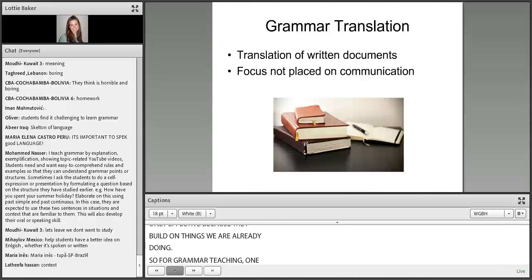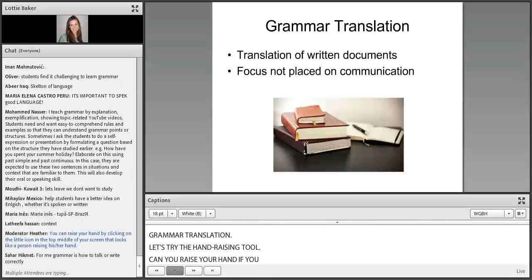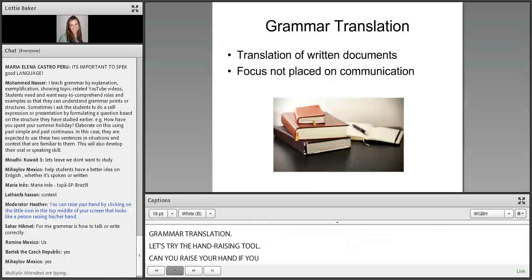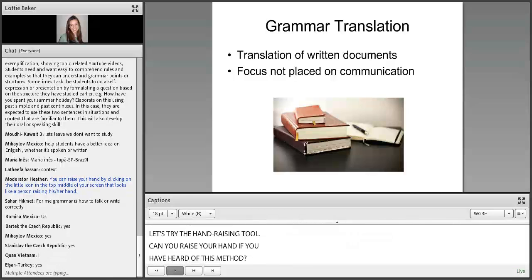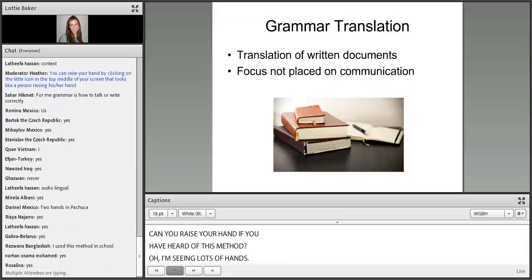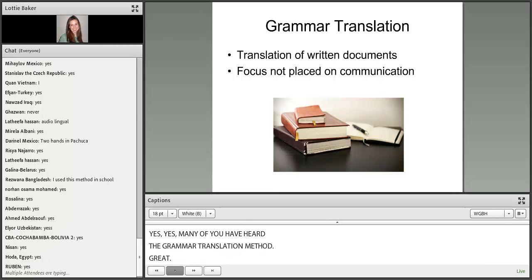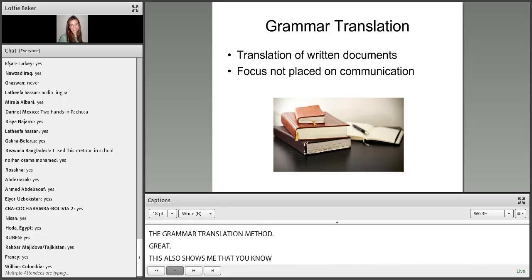Let's try the hand-raising tool. Can you raise your hand if you have heard of this method? Oh, I'm seeing lots of hands. Oh yes, many of you have heard of the grammar translation method. Great. And this also shows me that you know how to use the hand-raising tool. Nice job. You can lower your hands now.